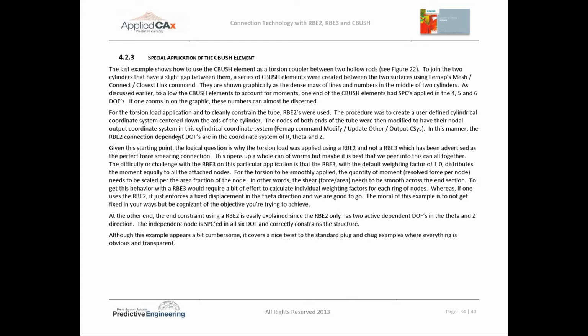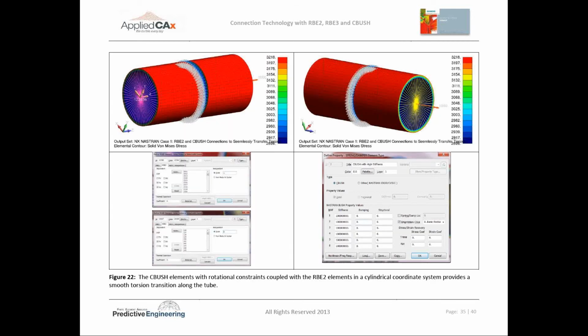So, special applications of the CBUSH for torsion, load. And this is some stuff we covered on our prior connection thing too, but I have always struggled trying to get good, clean load applications into torsion cylinders. And this is an example, it'll be on the web, is where you split it, and I'm joining the split with a CBUSH element.